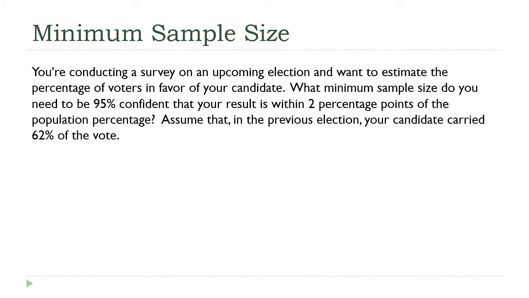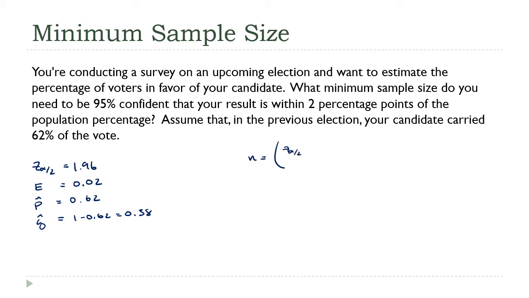So I'm going to do z alpha over 2. That's still going to be 1.96. Our confidence level is still 95%. Our margin of error is still 0.02. And now I'm going to use 0.62 for p hat, which means q hat is 1 minus 0.62, or 0.38. Now I can go to my formula. n is z alpha over 2 over e, squared, times p hat q hat.